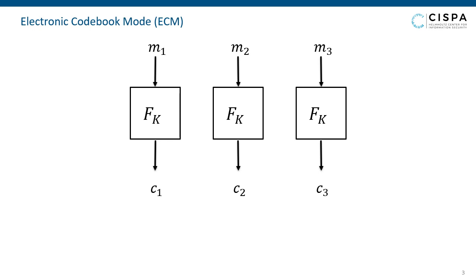So this mode of operation does the most naive thing imaginable. To decrypt, we just use the inverse of the pseudo-random permutation. So for this mode of operation to be correct, you actually need a pseudo-random permutation. A pseudo-random function is not enough.